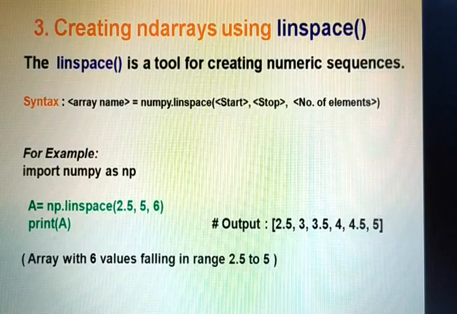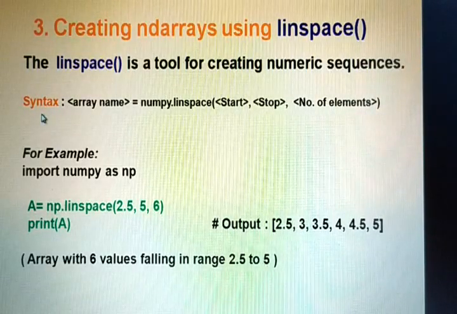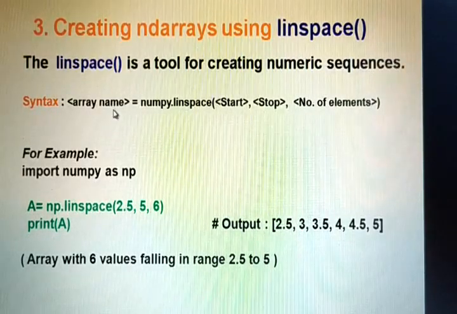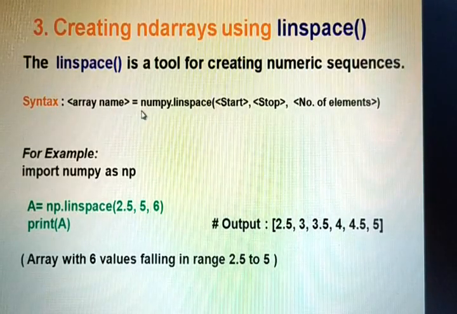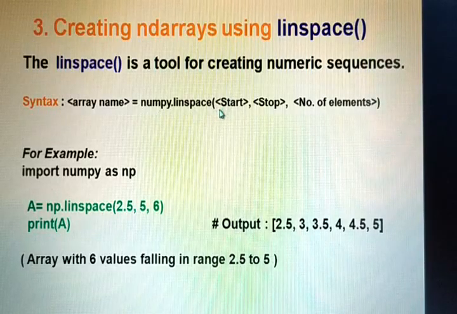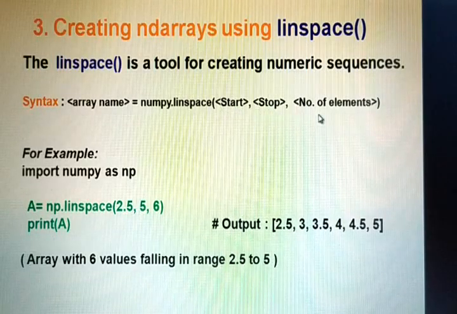Just see the syntax of the linspace function. Here is, first of all, the array name equals numpy.linspace. Then the parameters are the start value, the stop value, and the number of elements.